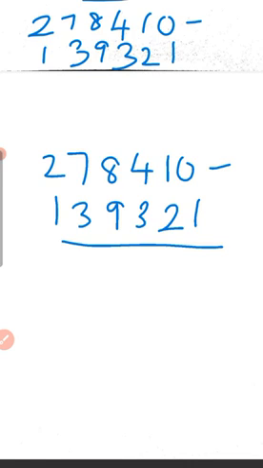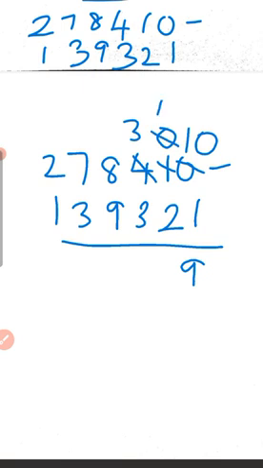Zero minus 1, we can't. So borrow 1 from 1. 0 becomes 10 and this 1 becomes 0. Okay. 10 minus 1, 9. Again borrow from here. This 4 becomes 3 and this 0 becomes 10. 10 minus 2, 8. 3 minus 3, 0.